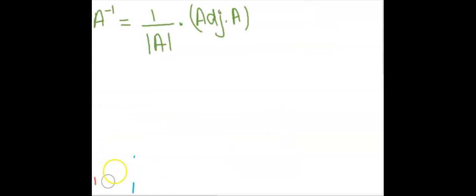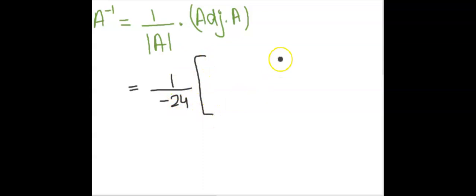Once we got that, what we need to do is, we have the determinant of A and all that. We will put it in this equation to find the inverse. And we have this matrix as well.